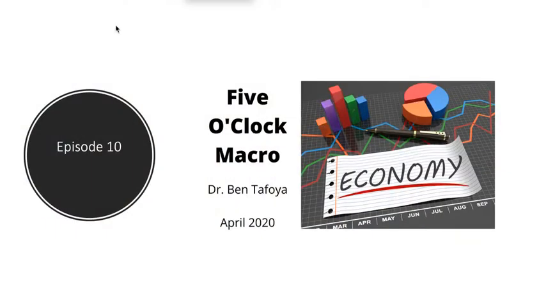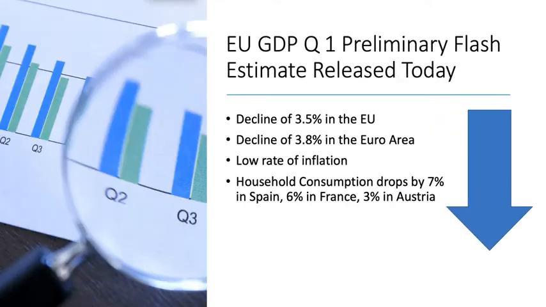Today, I wanted to spend some time talking about additional economic statistics that came out today. These are related to economic activity in Europe. And what we saw today is that the Eurostat agency, the EU statistical reporting group, published the Q1 flash estimate.